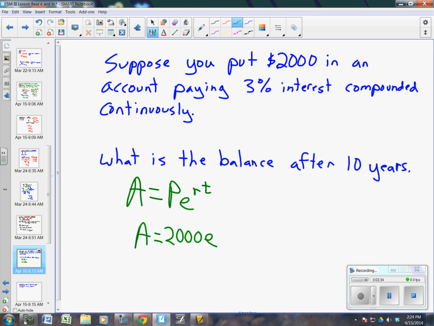R. What's R? 0.03. You have to write it as a decimal. I thought it was 1.3%. No, 1.03 would be 103%. We're just going 0.03. This formula takes that into consideration.